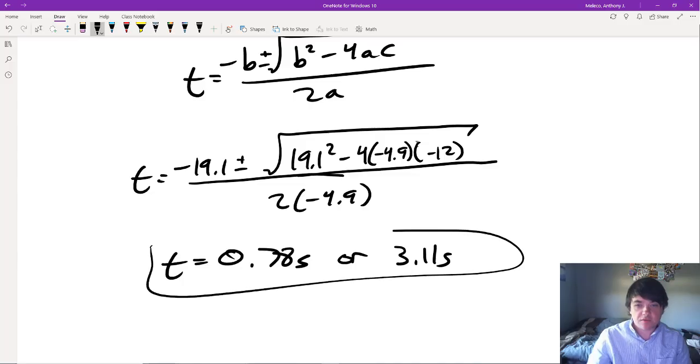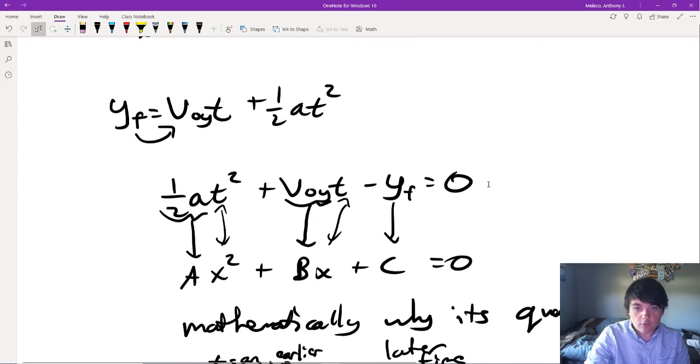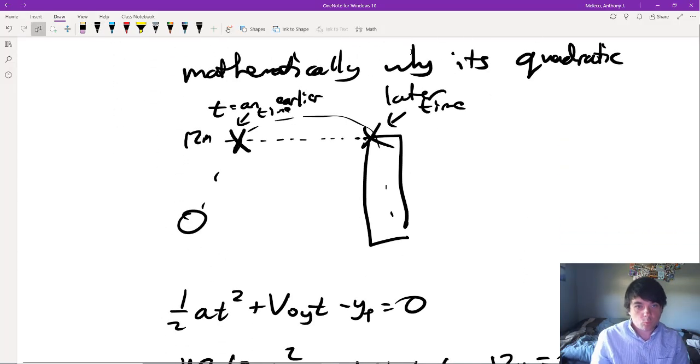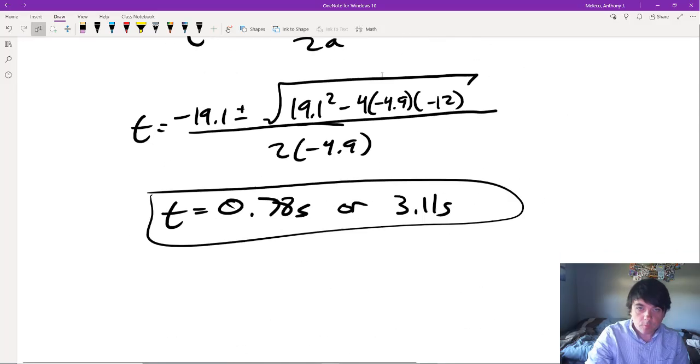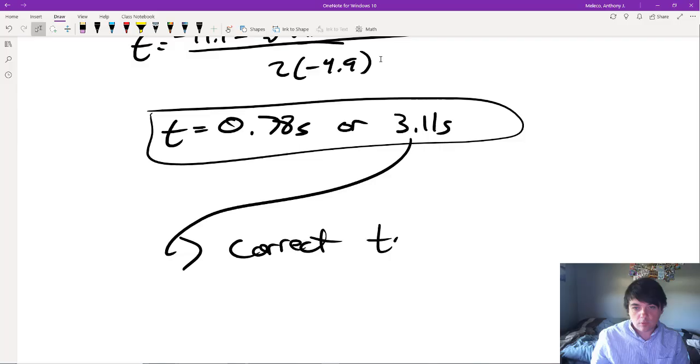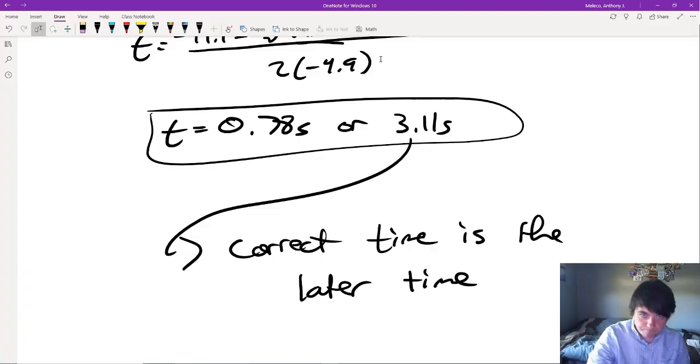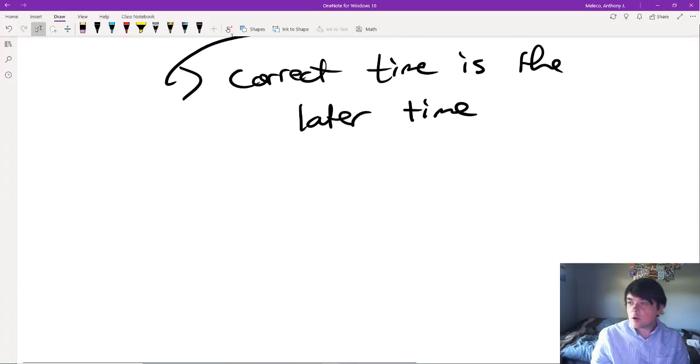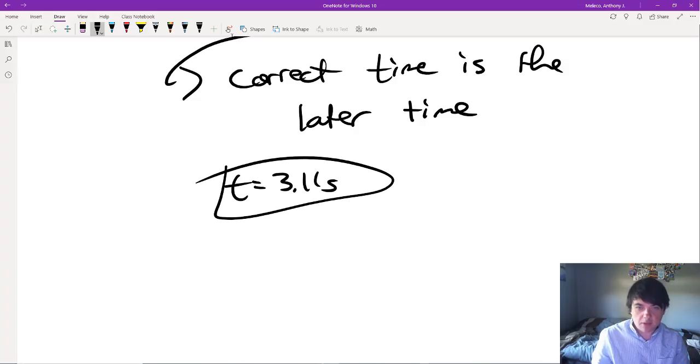And again, these correspond to these 2 times. One when it's going up, and then one when it lands on the building. So it is the later time. t equals 3.11 seconds. That's how long it takes.